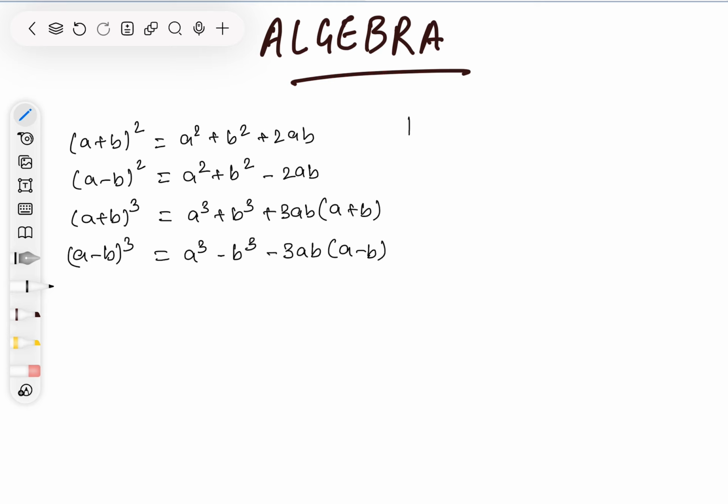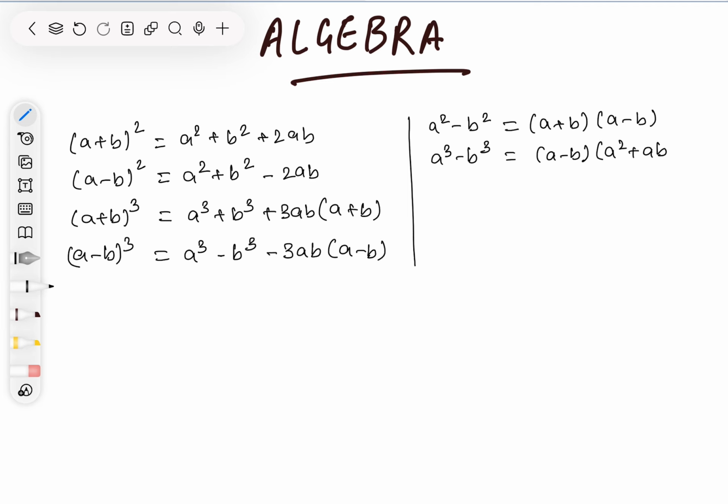From these only, some derived formulas are there. That is, if I have a square minus b square, then this can also be written as a plus b times a minus b. Similarly, if I have a cube minus b cube, then it can be written as a minus b times a square plus ab plus b square.